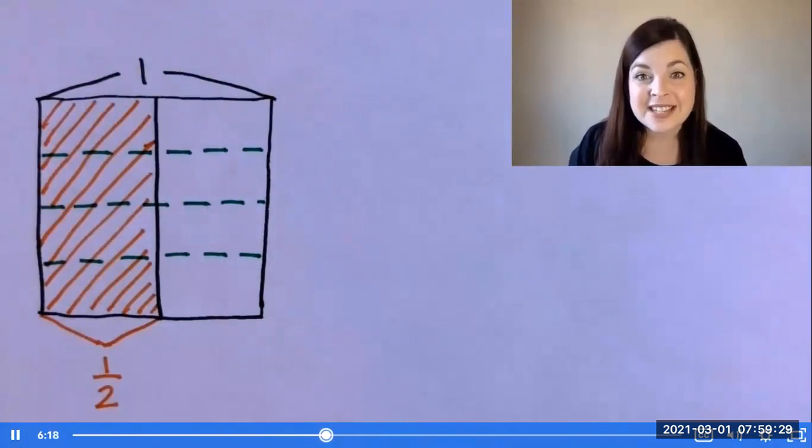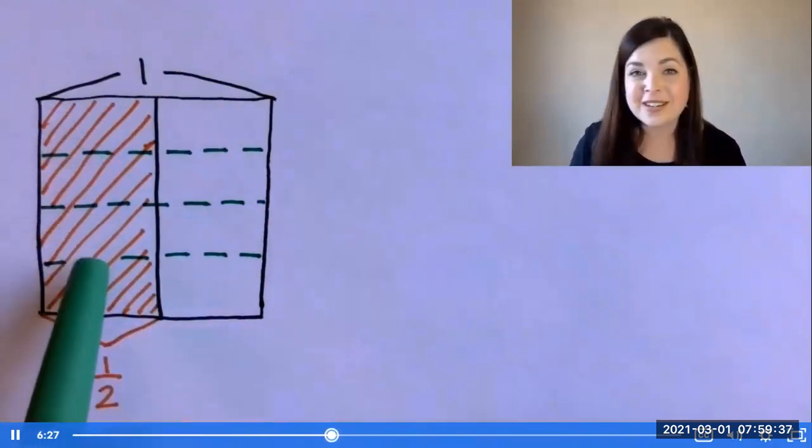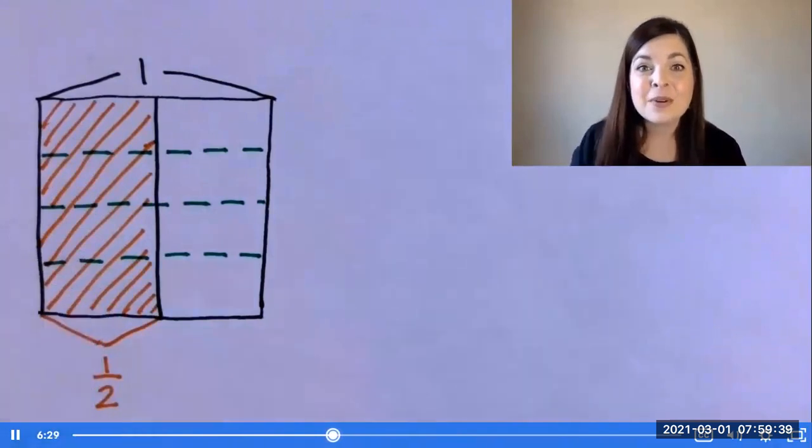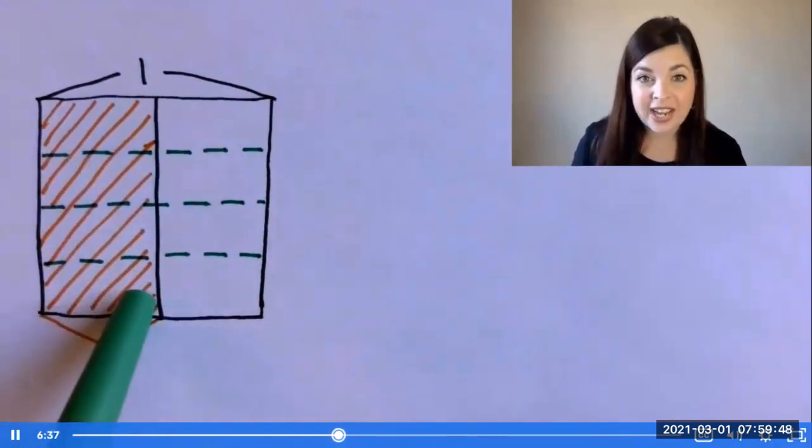What about the number of selected units? Well, we started with 1 selected unit. Now we have 4 selected units. So the number of selected units also quadrupled, or got 4 times as many. Now, has the size of the shaded area changed?